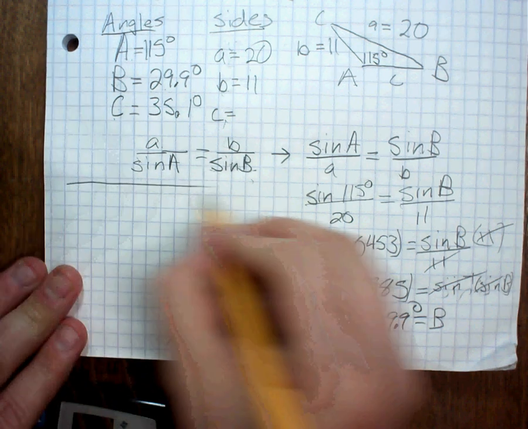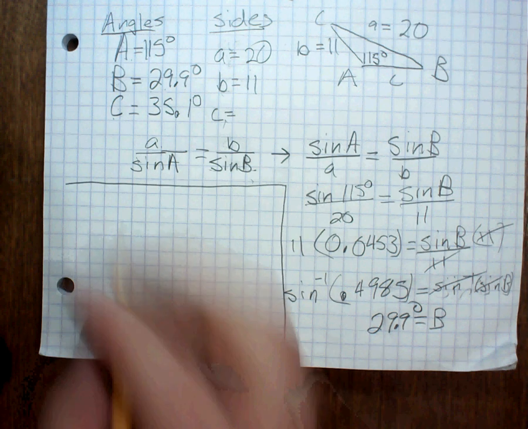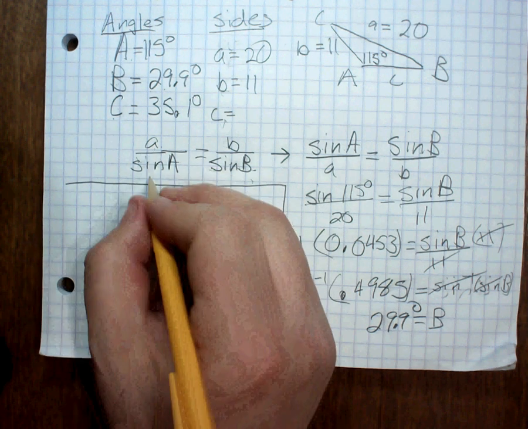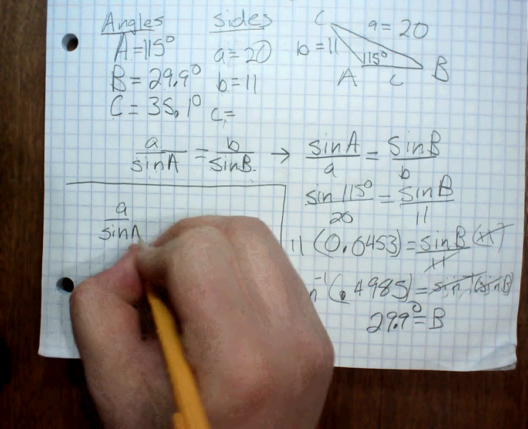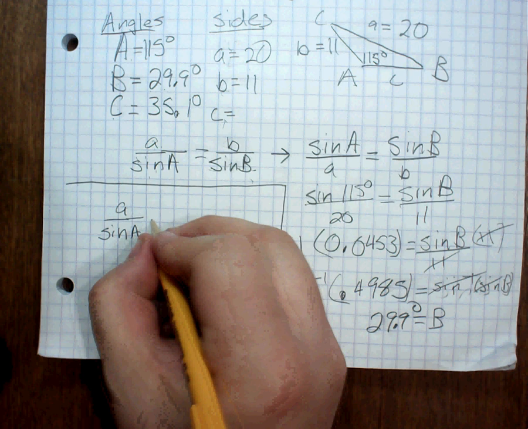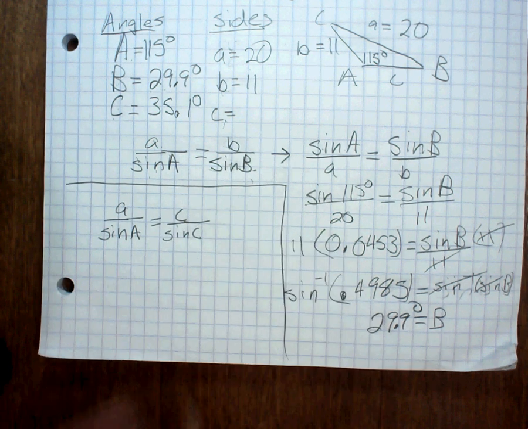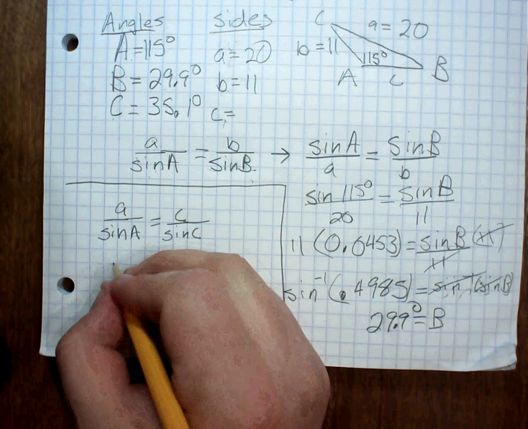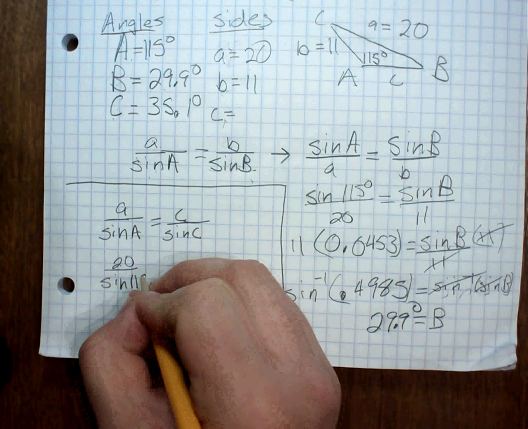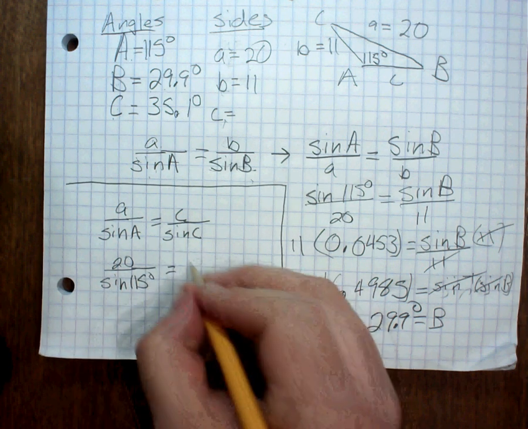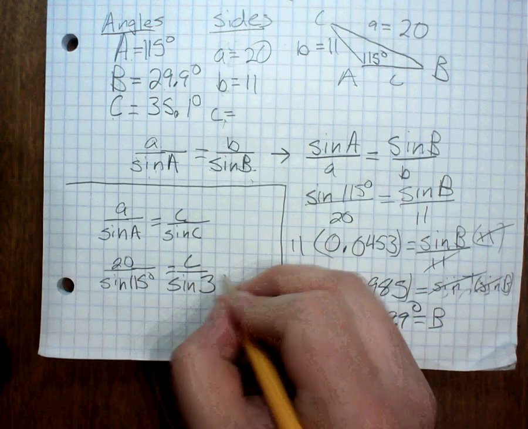So I got a little bit of room left over here. I love to go with the stuff that I know, so we're going to come back and revisit the law of sines: lowercase a over sine of A, equals lowercase c over sine of C. So then that means I'm going to have 20 over sine of 115 is equal to c over sine of 35.1.